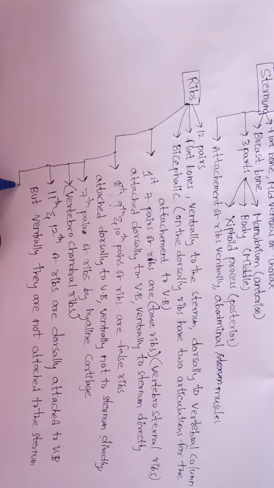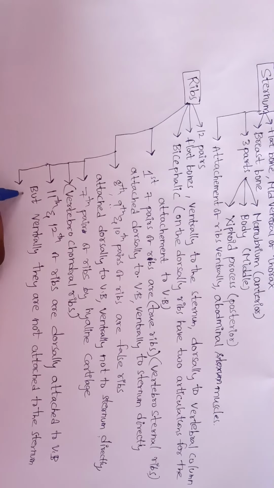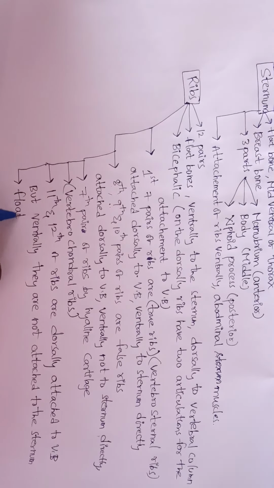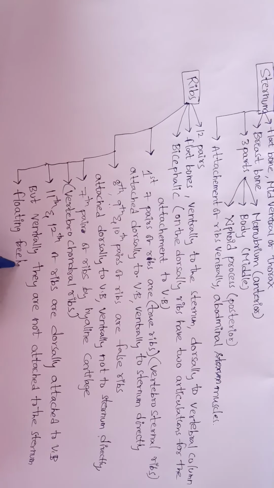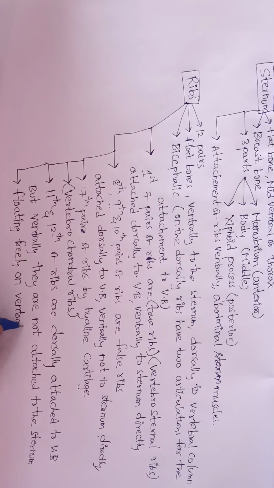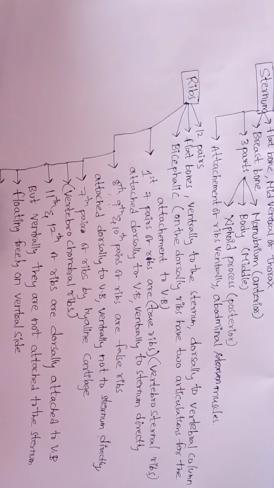These 11th and 12th pairs of ribs are floating freely on the ventral side. Hence, these 2 pairs of ribs are floating ribs.